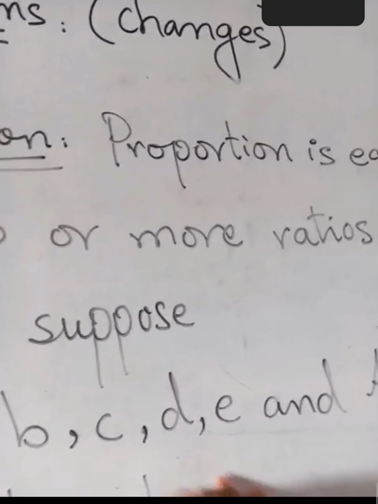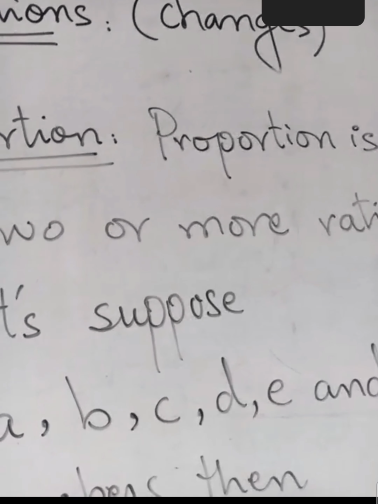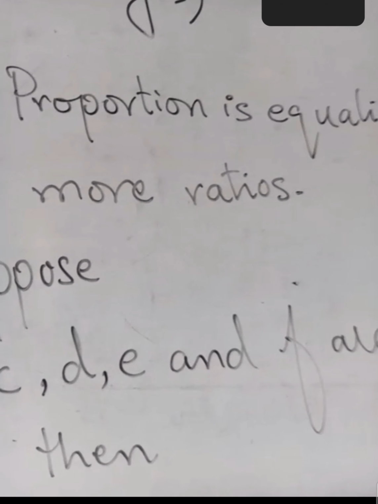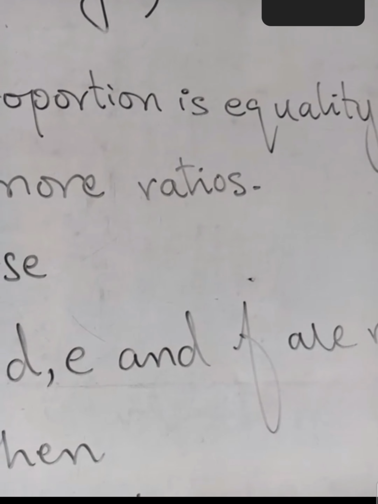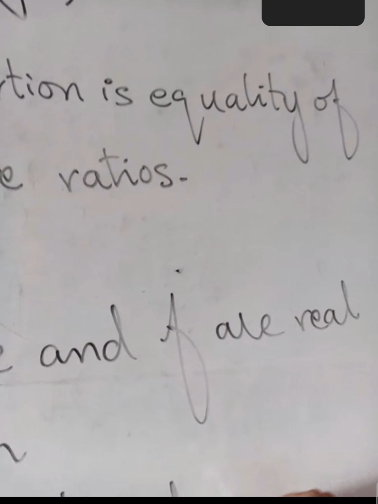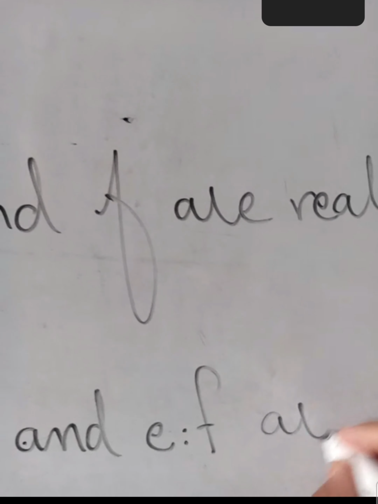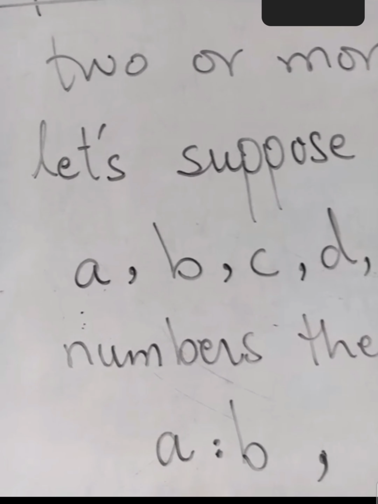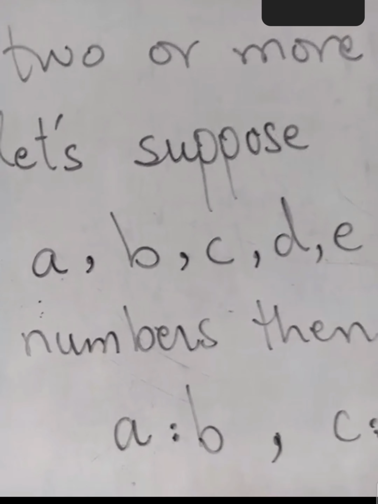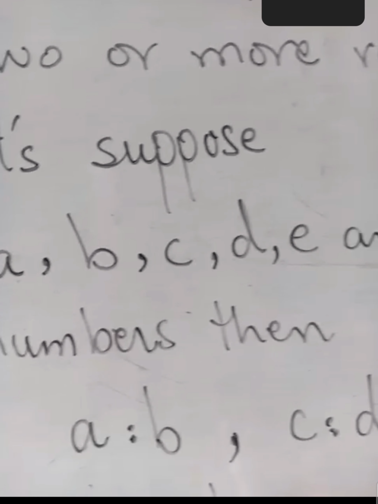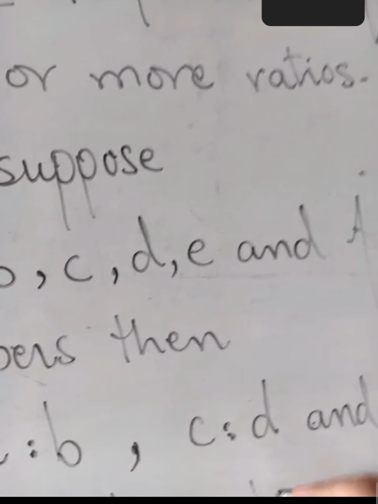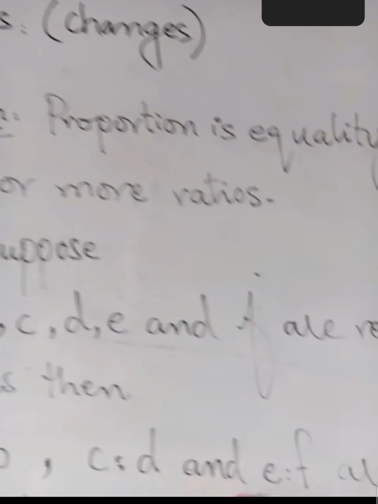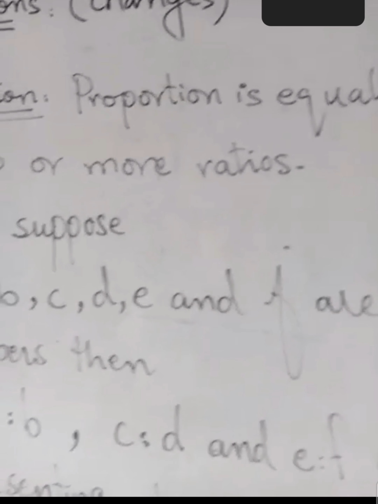Then A ratio B, C ratio D, and E ratio F are representing ratios. Ma'am, how are these equal? Ratios, okay? A ratio B, C ratio D, and E ratio F are representing ratios.